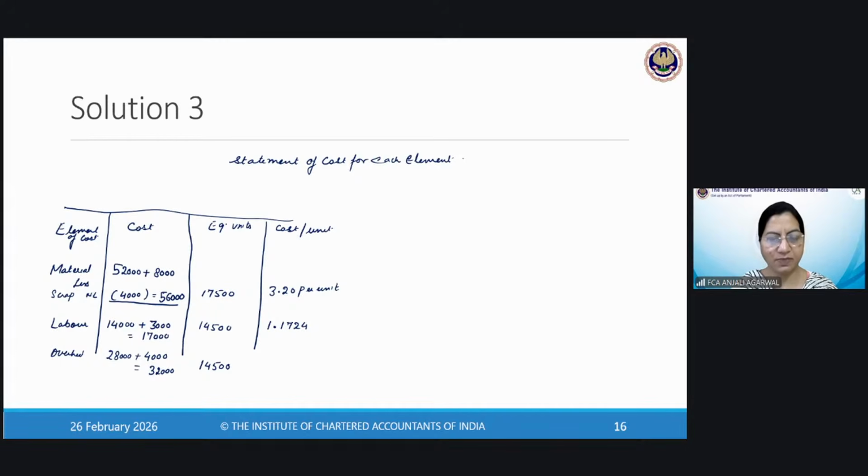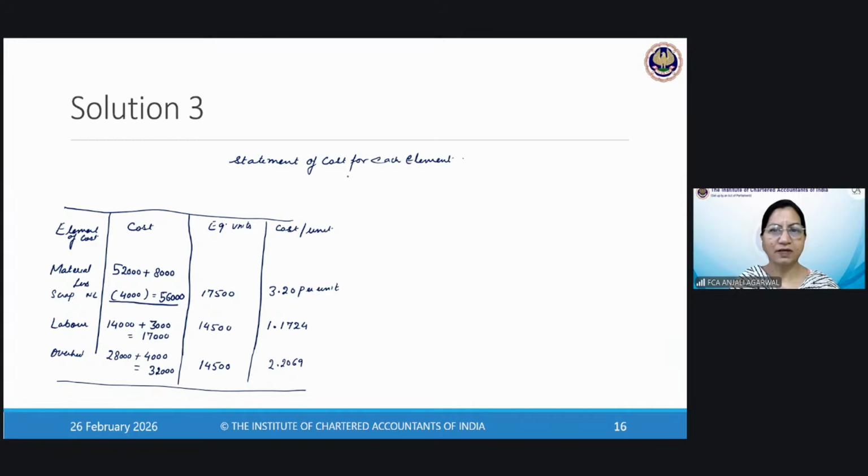So that should also be same if you want to combine the labor and overheads together in your statement of equivalent units. So 32,000 divided by 14,500 gives 2.2069 I can take. Now, this was reduced to the lower fraction and this has been rounded off to the higher fraction. So most probably your totals will match after you have done this.